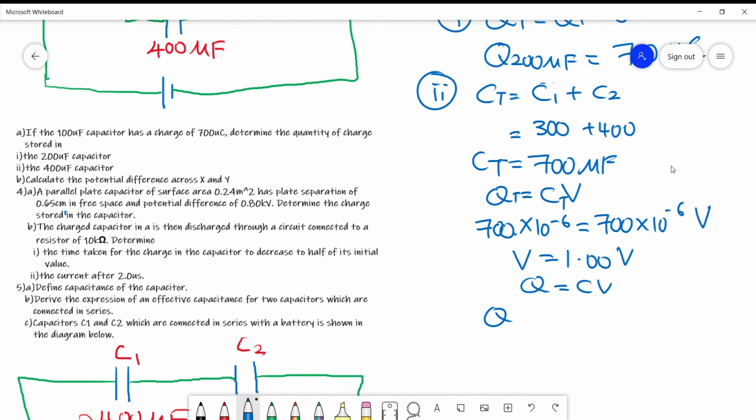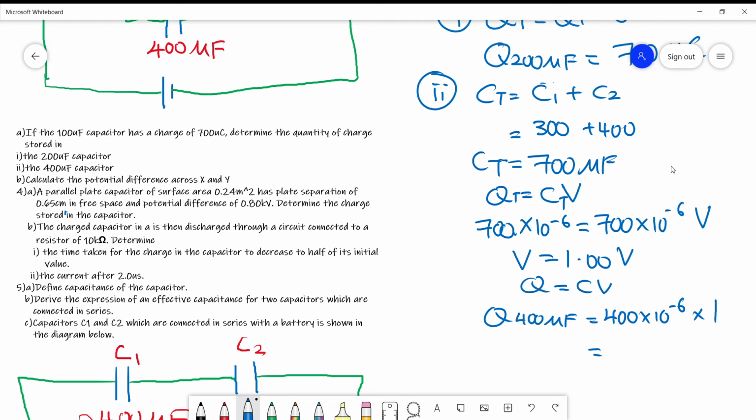So my Q for the 400 microfarad, where C is 400 microfarad, is 400 times 10 to the power negative 6 times 1. Is it correct? Let me check for a while.